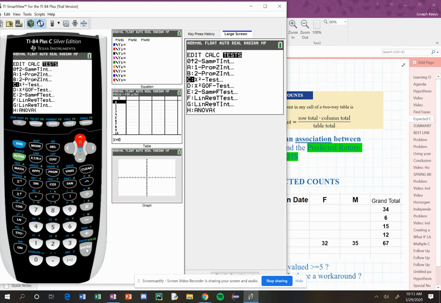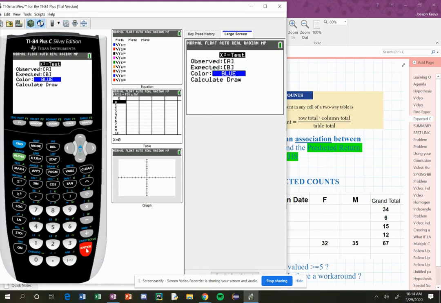So when I hit enter in here, it's quite simple. It's asking me, what matrix letter or label did you put your observed counts in? And I actually put them in A. So that's good. If A wasn't there, let me clear out A. If A wasn't there, what would you do?